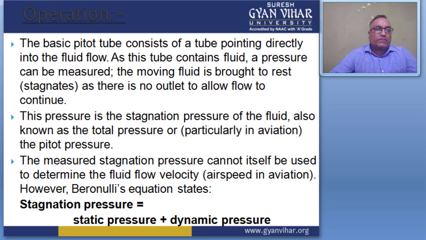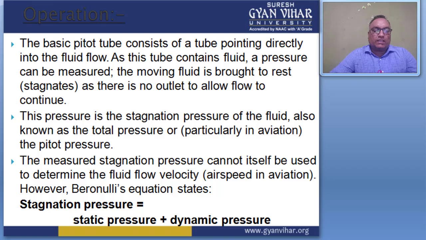This pressure is the stagnation pressure of the fluid, also known as the total pressure, or particularly in aviation, the pitot pressure. The measured stagnation pressure cannot by itself be used to determine the fluid flow velocity, or air speed in aviation. However, the Bernoulli equation states that the stagnation pressure is equal to the static pressure plus the dynamic pressure.